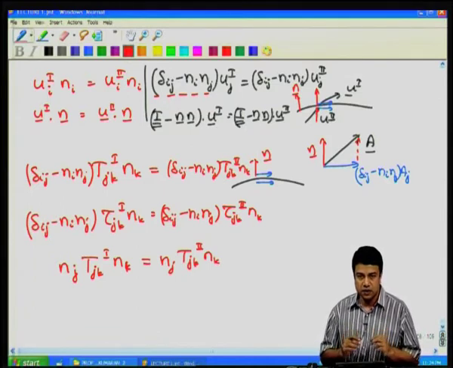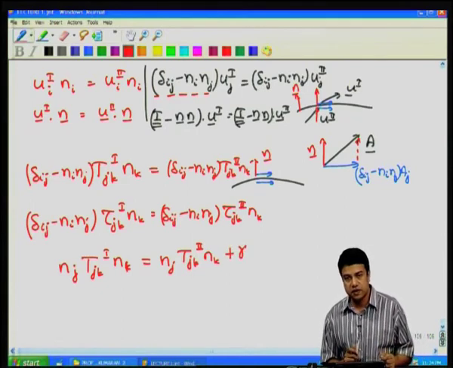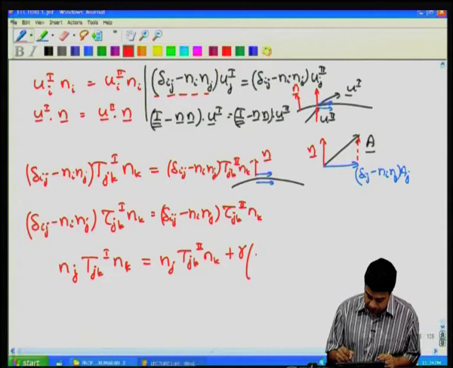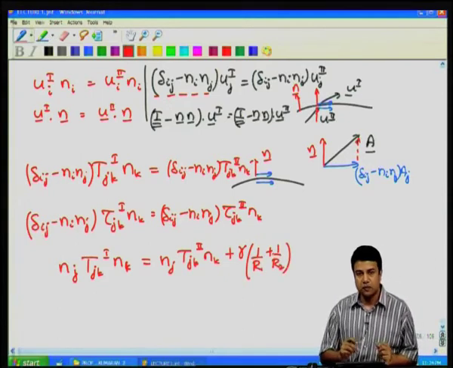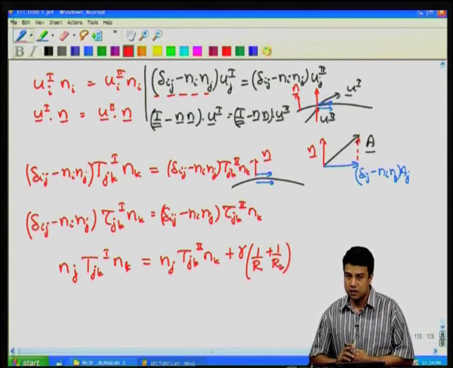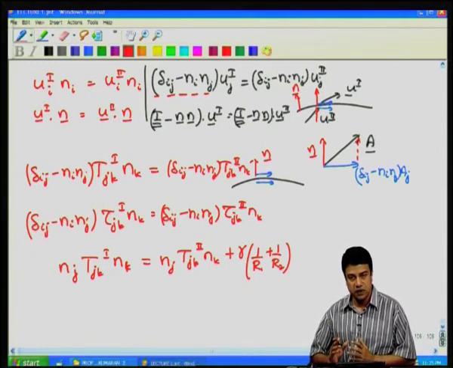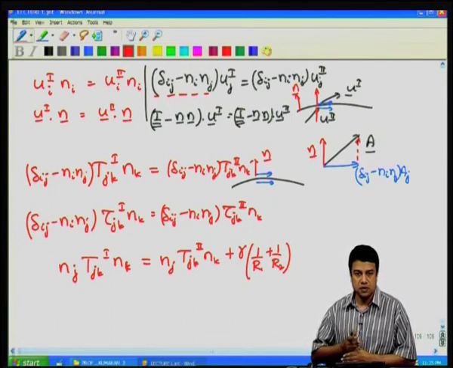This surface tension force is in general written as the coefficient of surface tension times 1/R1 plus 1/R2, where R1 and R2 are the principal radii of curvature along the surface, the maximum and the minimum. These two, maximum and minimum, are always along orthogonal directions on the surface.